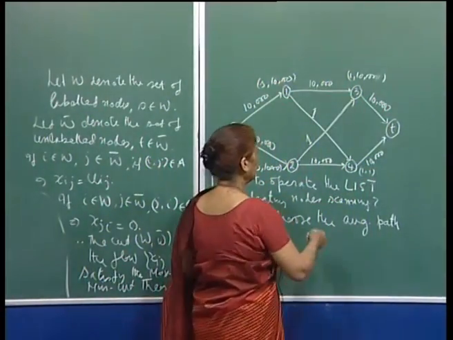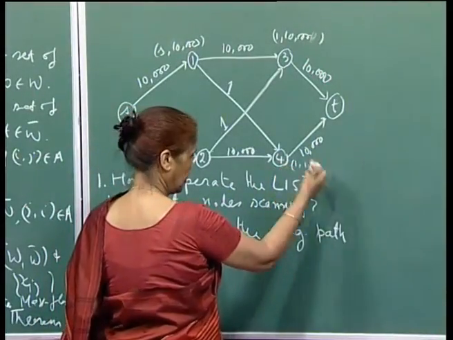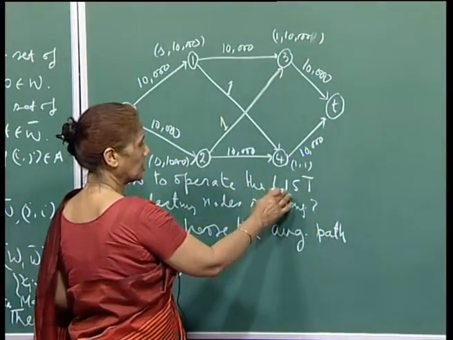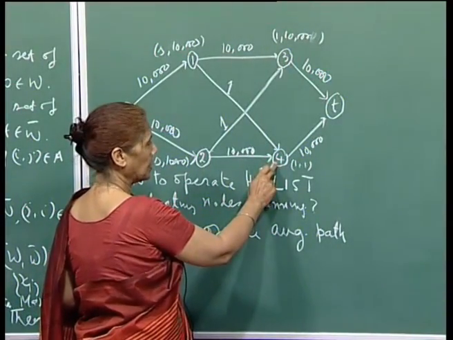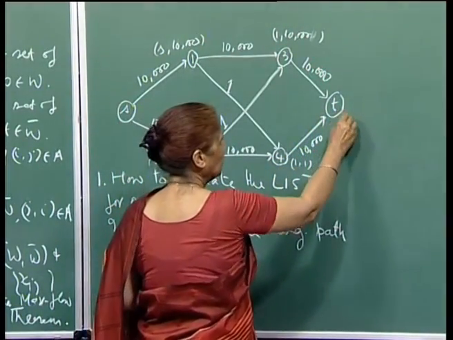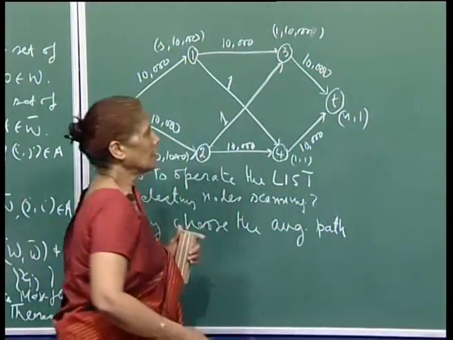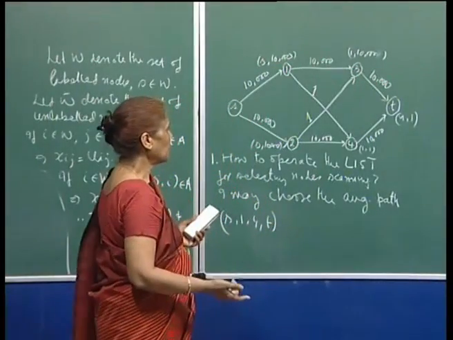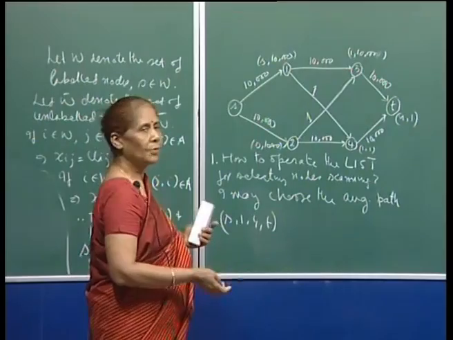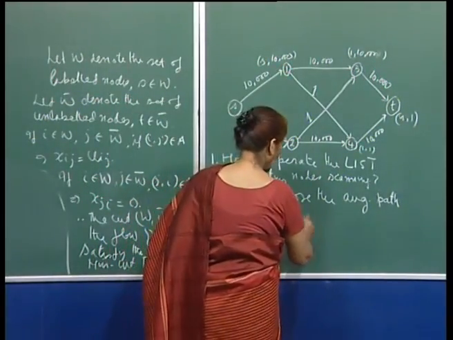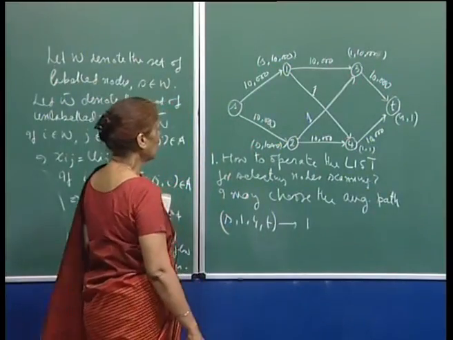And then now I must decide to pick up node 4 from the list, because 3 and 4 will both get added to the list. So once I pick up 4, then I will be able to label T, and the label to T would be 4 and 1. Yes. And the moment I label T, I stop, because I have found an augmenting path, and the flow will be for 1 unit, right.